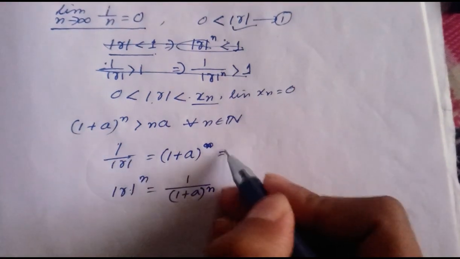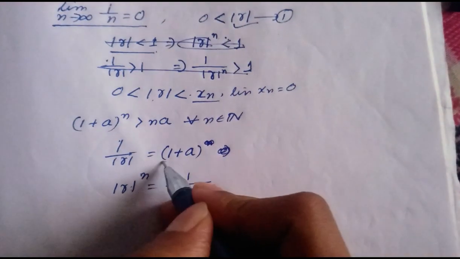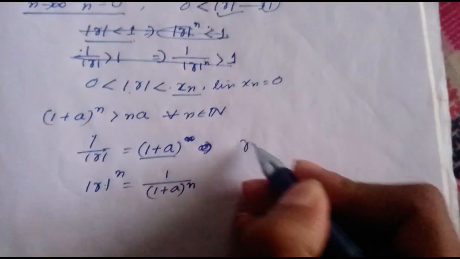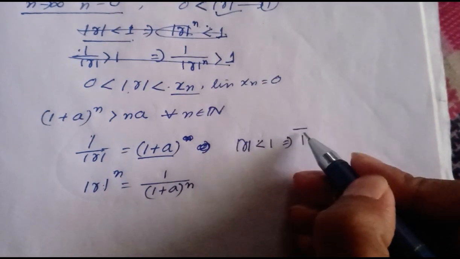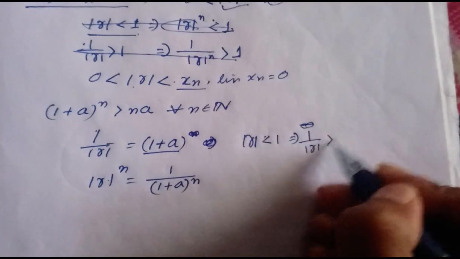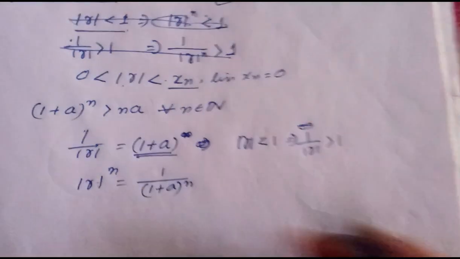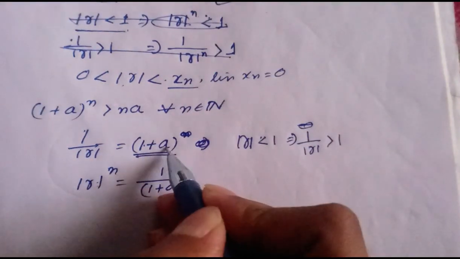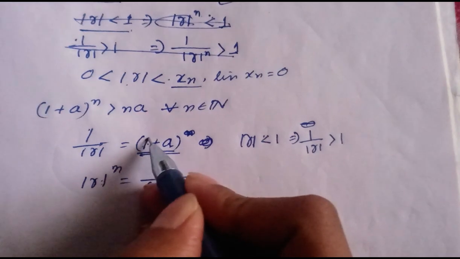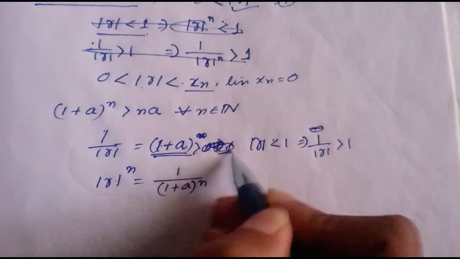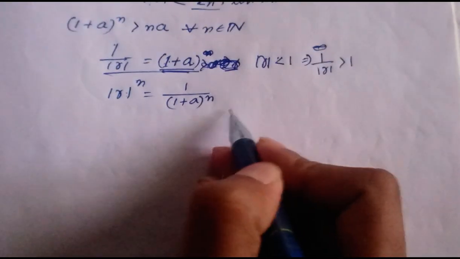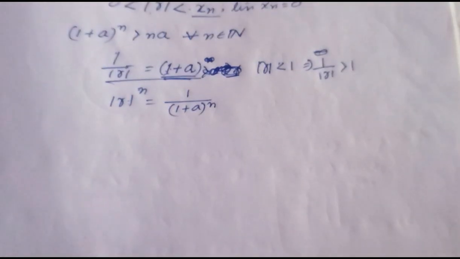Now, mod of r is less than 1, so 1 by mod of r is greater than 1. Is this greater than 1? Obviously, because a is a positive number, and 1 plus a positive number is obviously greater than 1, right? So we can take this: mod of r to the power n is equal to 1 by 1 plus a to the power n.